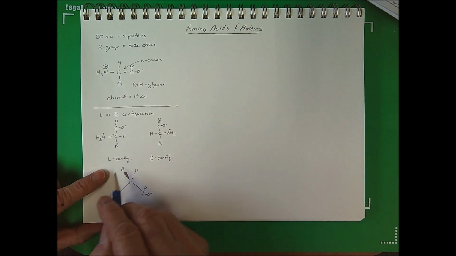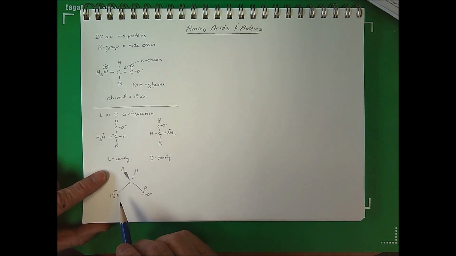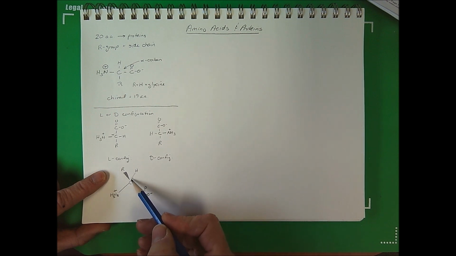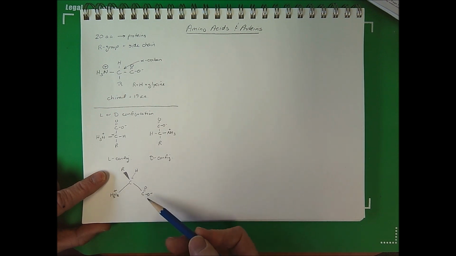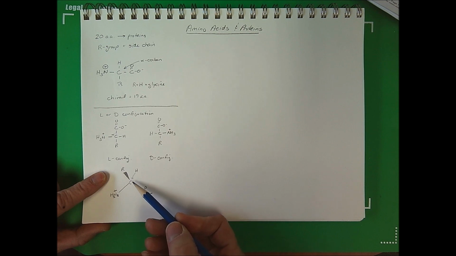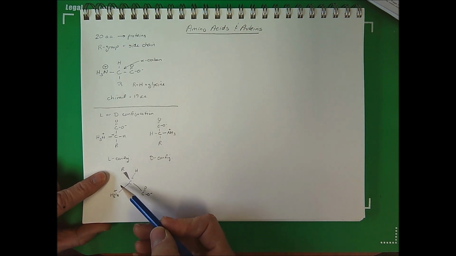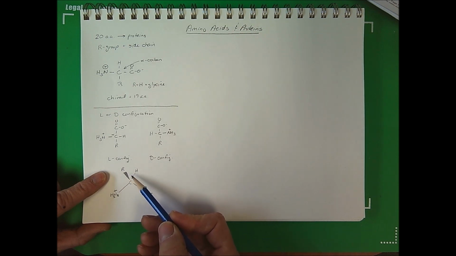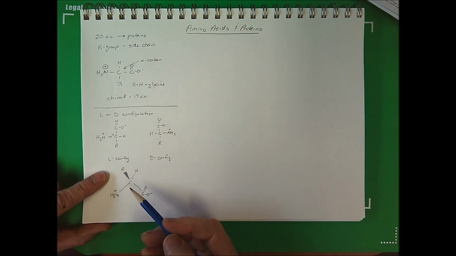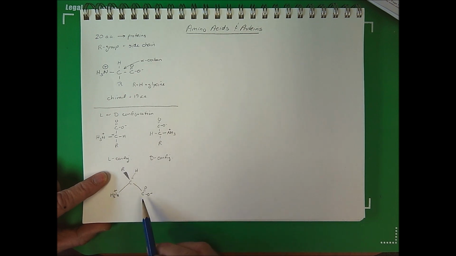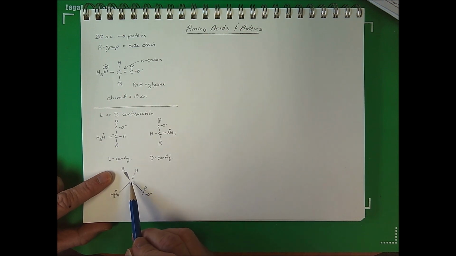Now this configuration, when I say walking the bridge from the carboxyl to amine group, is if we were to see this as a bridge structure and we start walking in this direction, whatever our hand would touch walking across the bridge, whether the R be on the left or the right, will be the configuration. So this drawing here of this amino acid stereochemistry shows that we would walk over this bridge from the carboxyl to the amine.